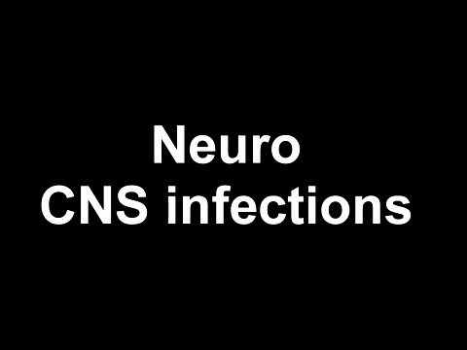The reason glucose is normal is because viruses don't eat glucose. Bacteria do, right? And the reason protein is normal is because there isn't a lot of vigorous inflammation. Okay? So that is the nature of CSF when you have viral meningitis.